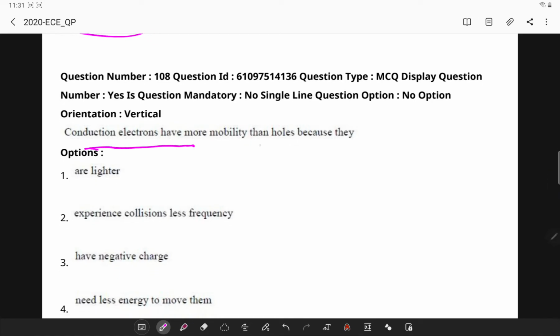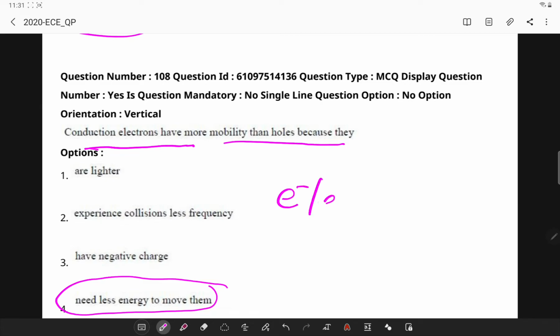Next, conduction electrons have more mobility than holes because, remember, they need less energy to move. Holes are generally subjected to stronger atomic force, pulled by the nucleus more than electrons.